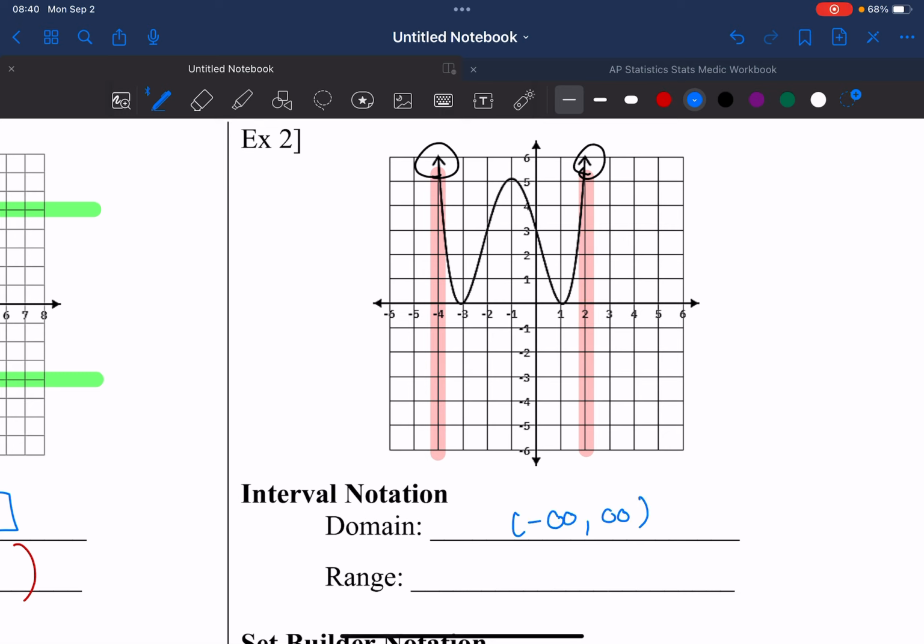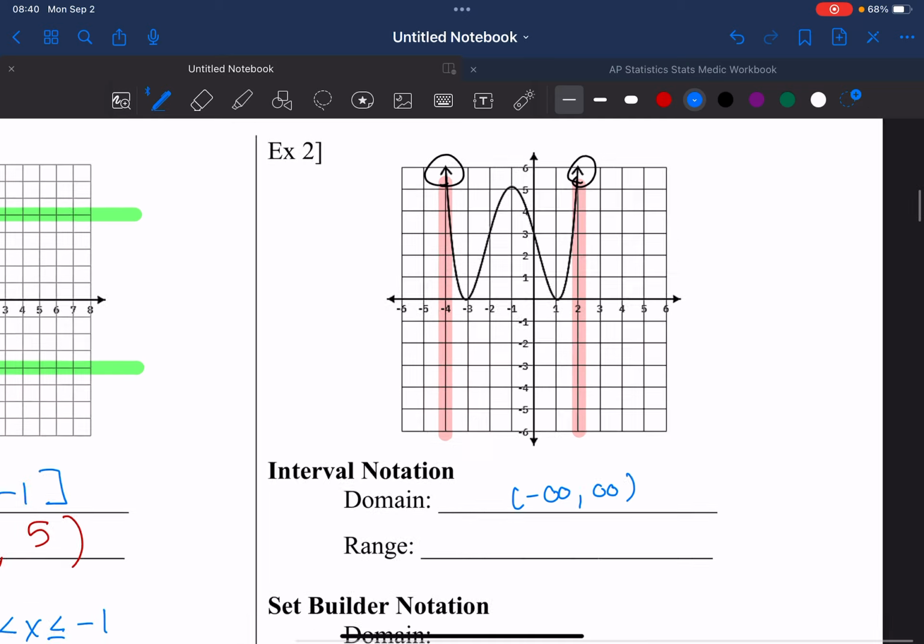-infinity to +infinity. And notice how I did not ask which one was going to go on the infinities, either the parentheses or the brackets, because we cannot include infinity, so we have to use the parentheses. Another way to think about it is, can you count to infinity? Okay, you cannot count to infinity, meaning you can't just stop at infinity and say, yes, that number is included. So we have to use the parenthesis.